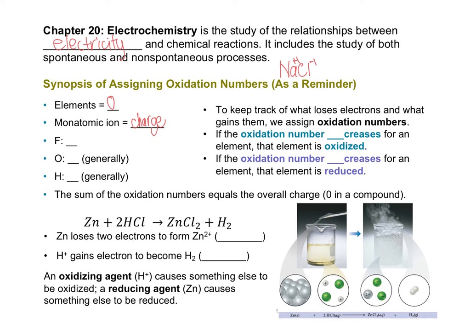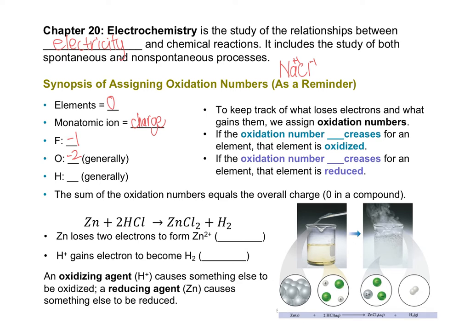Then we are going to have some rules. So we give certain elements priority for their oxidation number. So if you see fluoride or fluorine in a molecule, we'll give it priority and it will have a charge of -1. If we don't see fluorine, but we see oxygen first, then we would give it an oxidation number of -2.